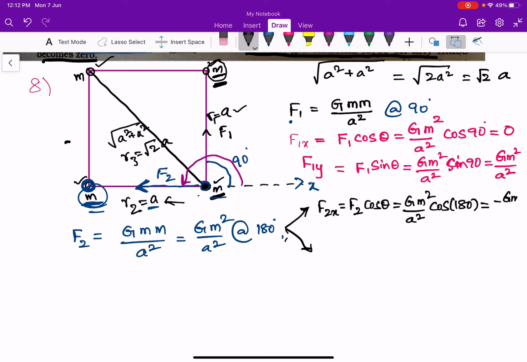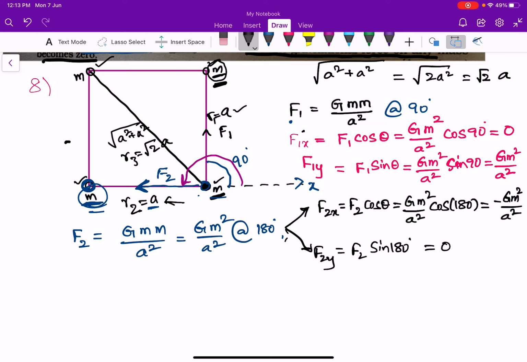Therefore, it will be minus G m square by a square. And F2y is equal to F2 sin theta. Theta is 180. Sin 180 is 0. So the answer for F2y is equal to 0. So I got F1x, F1y, F2x, F2y.